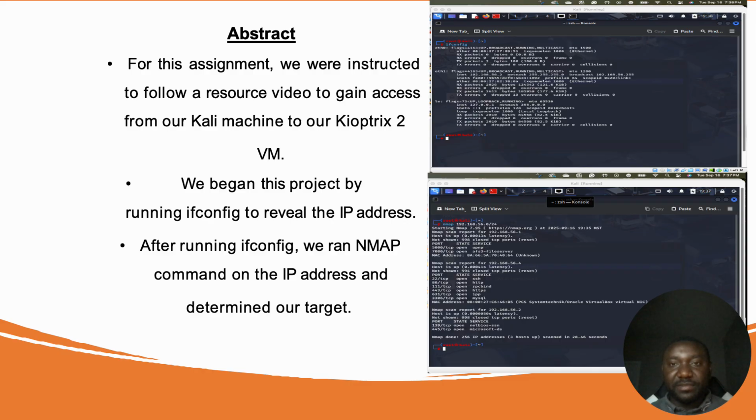We basically found the Kali Linux IP address and the target IP address by running the command. So our target, which is Metasploitable 2, has an IP address that ends with 56.4.